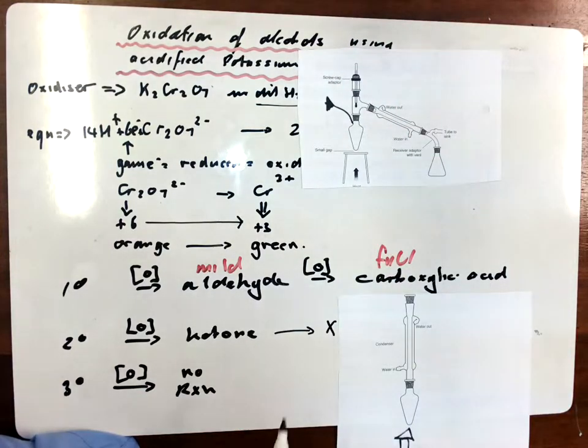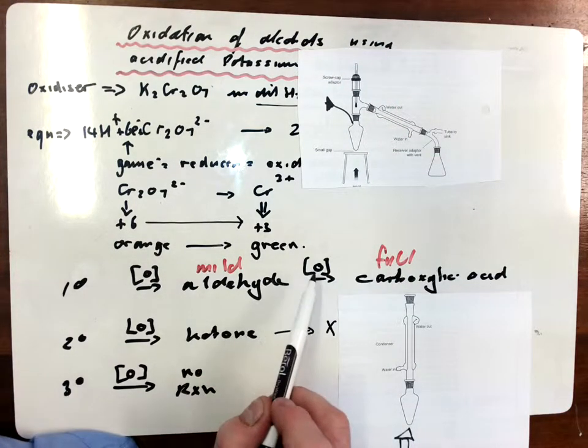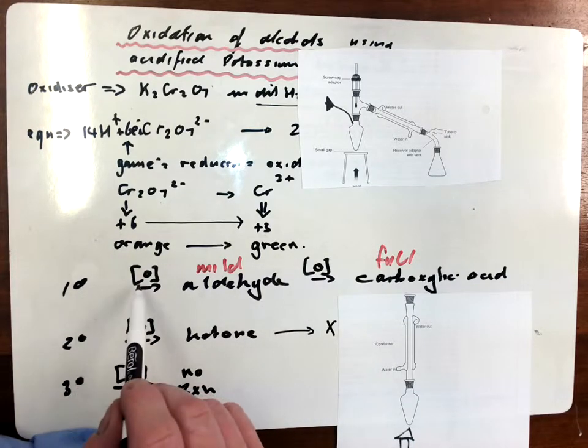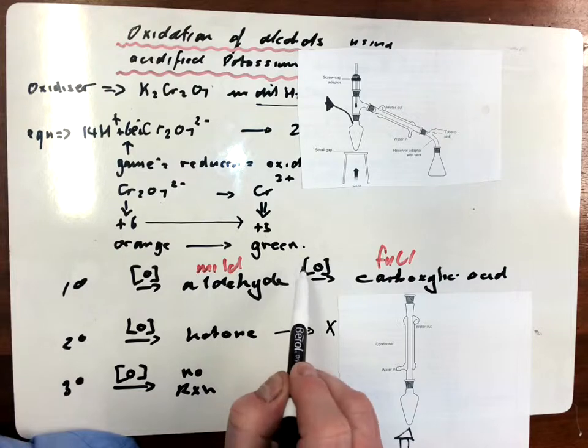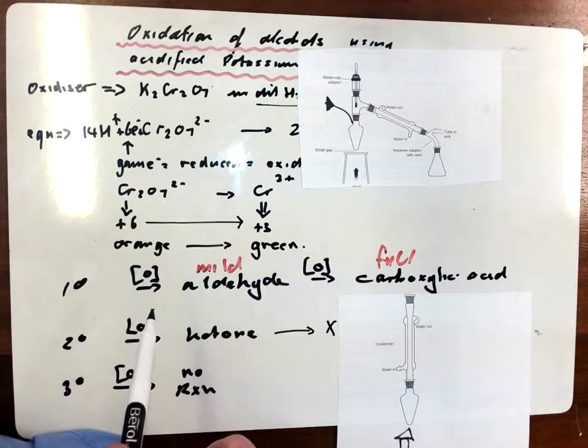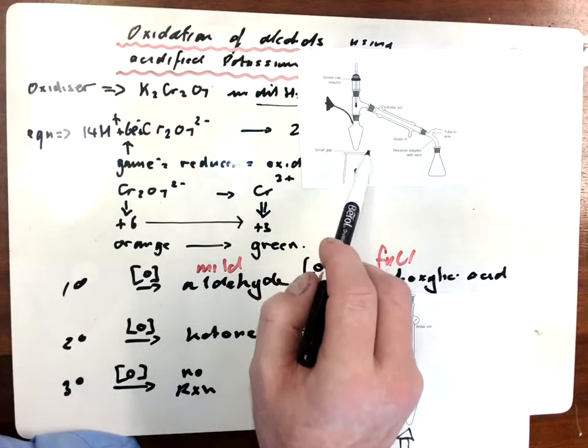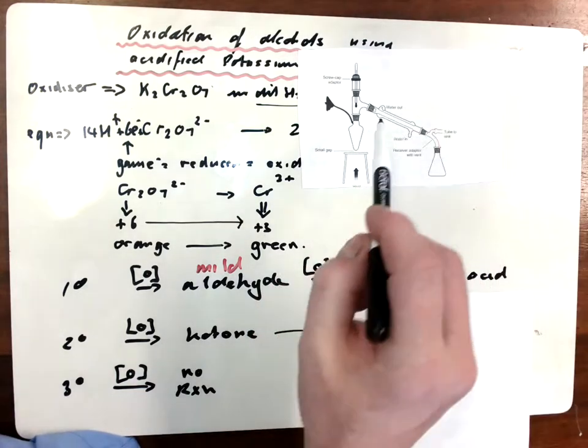What you want to avoid is lots and lots of oxidizing agent in here, because that will turn the primary alcohol to an aldehyde and then encourage the aldehyde to go further to a carboxylic acid.